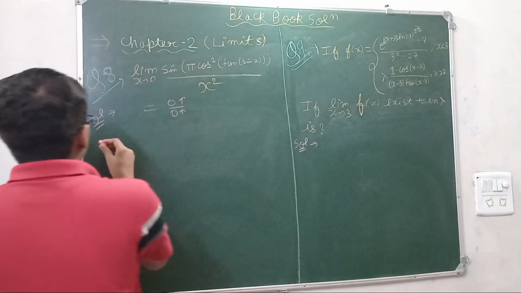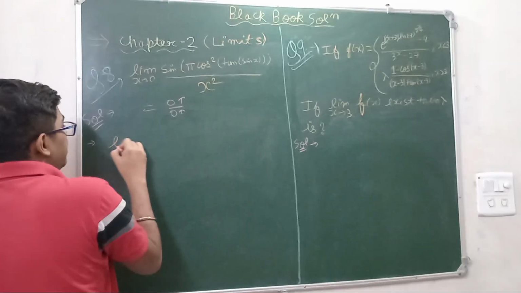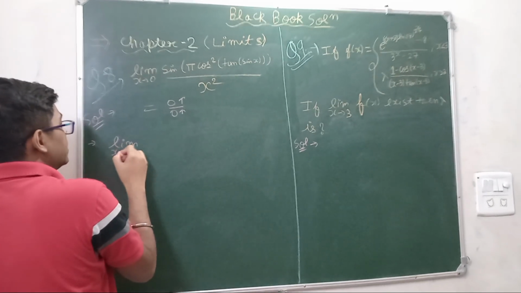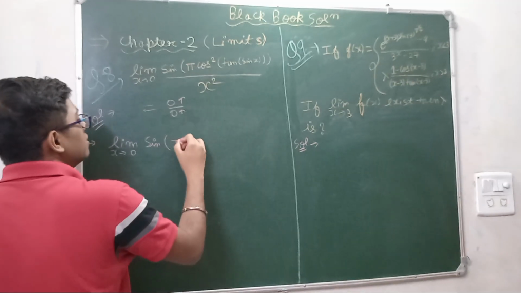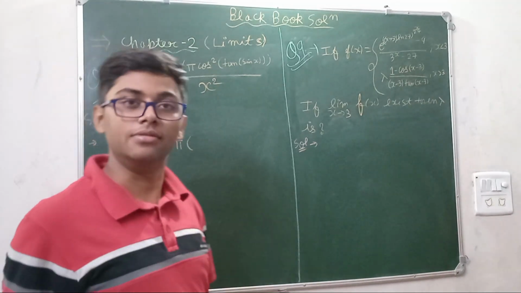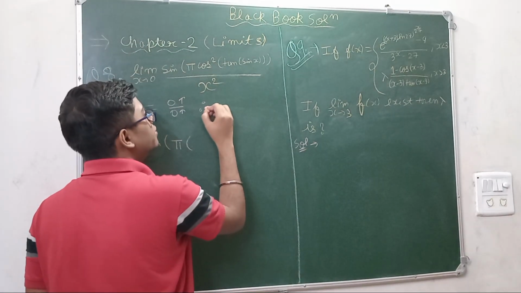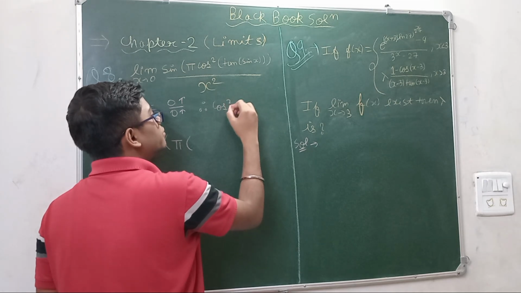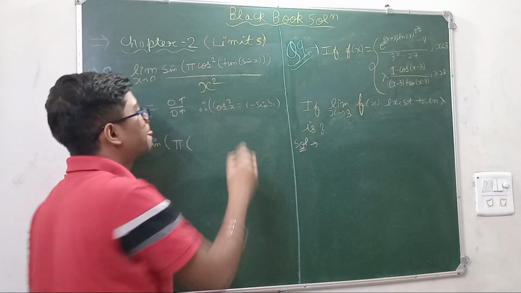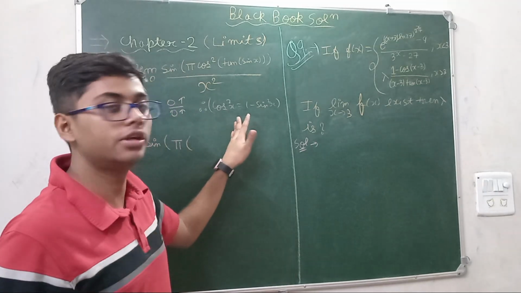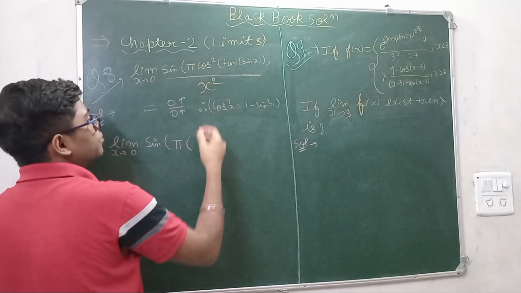Now if you see here, limit x tends to 0 of sin(pi cos²x tan(sin x)). Here we know cos²x is 1 minus sin²x. So we will be substituting this.